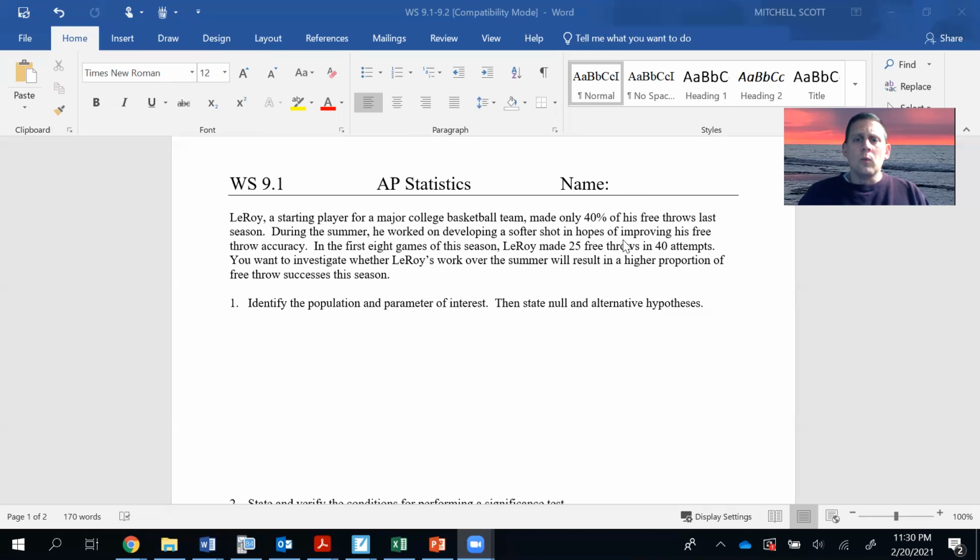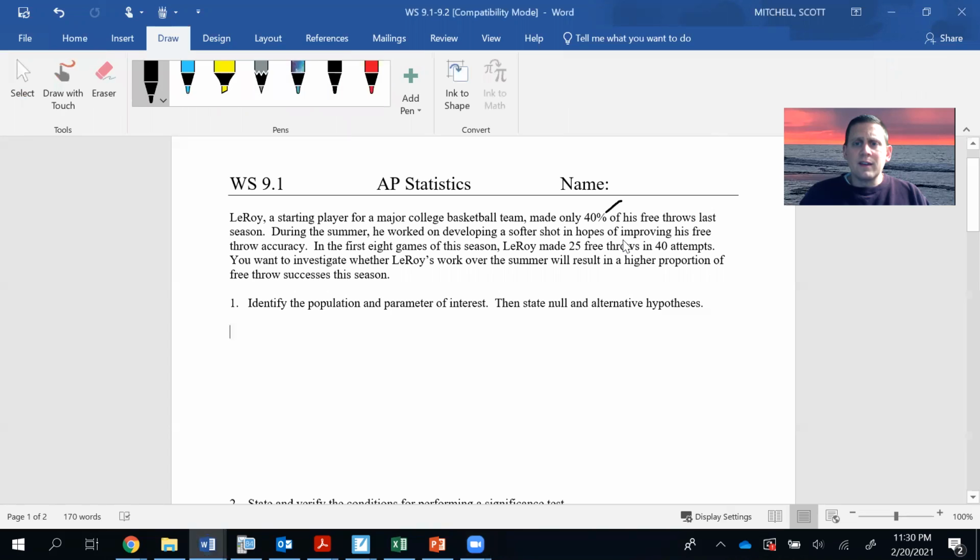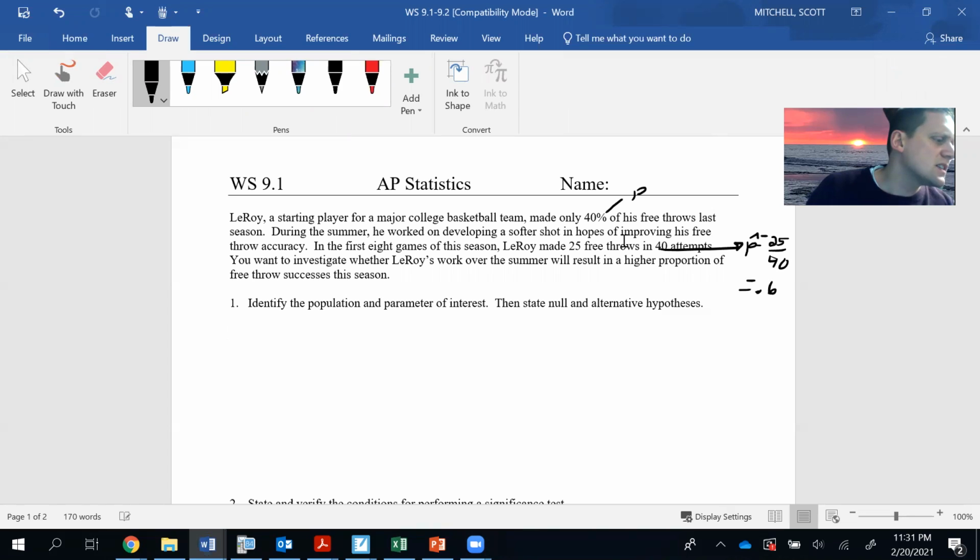So what we want to think about is this is our P, and then these two things make up our P hat. So P hat is really 25 over 40, which is 62%. So it's 0.625.